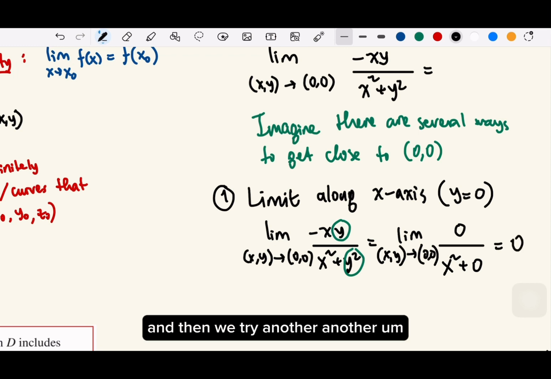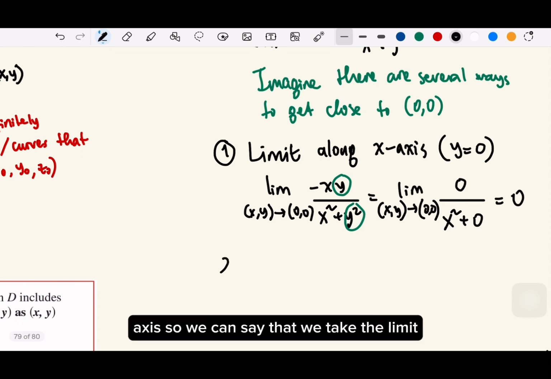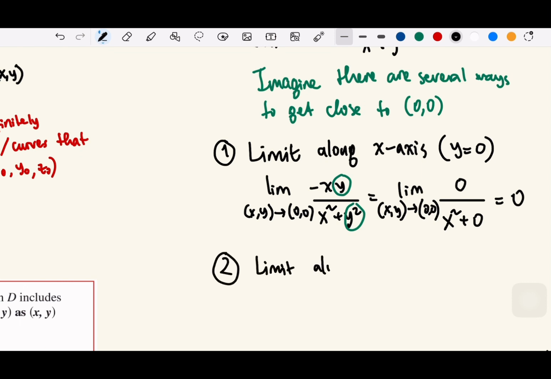And then we try another axis. So we can say that we take the limit along the y-axis.